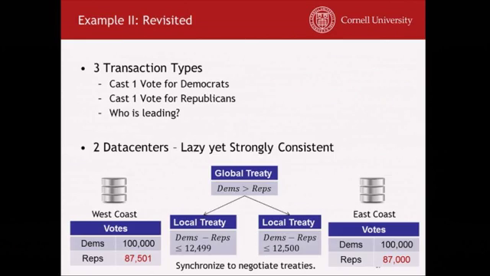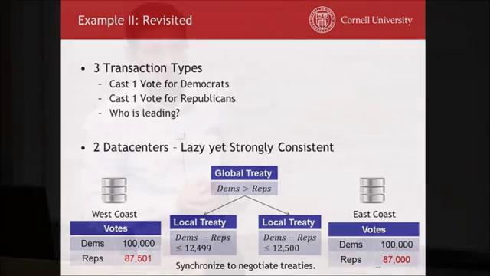So let us go back to this example in which we were lazy, yet we were strongly consistent. And we achieved this by exploiting the fact that we are going to allow these two database states to be in two different states, as long as they are equivalent to each other.